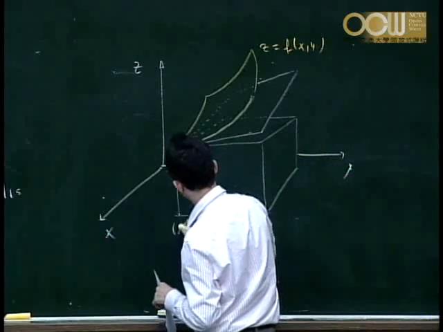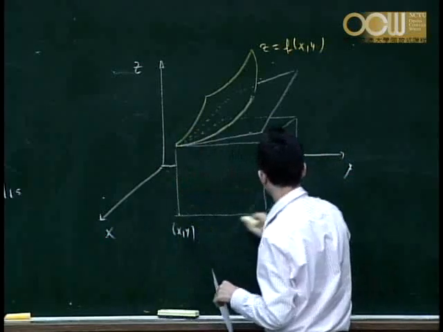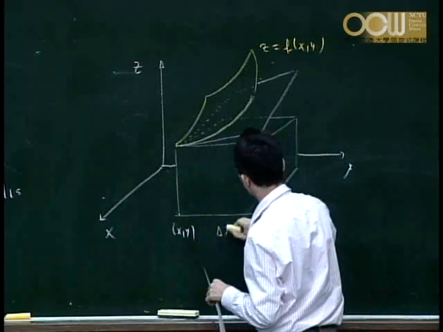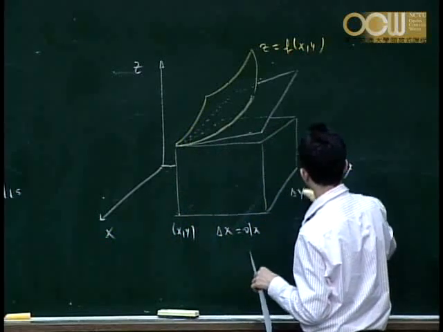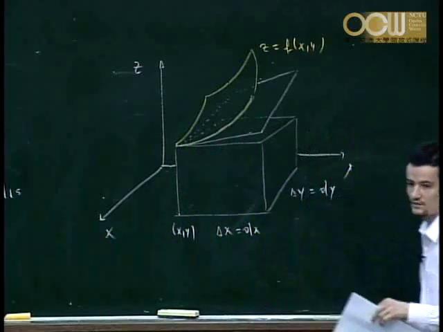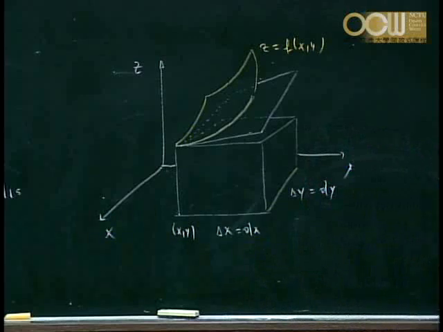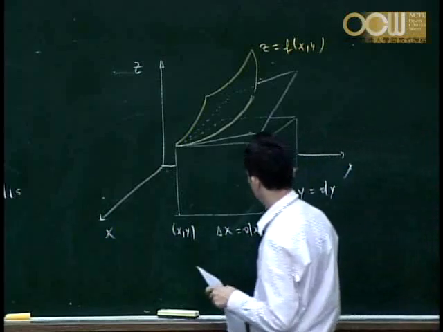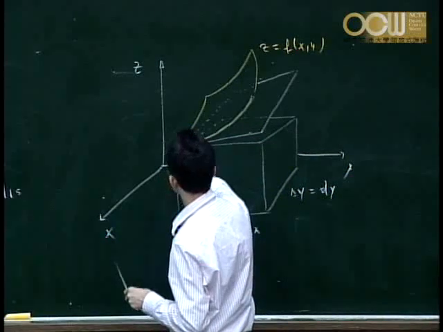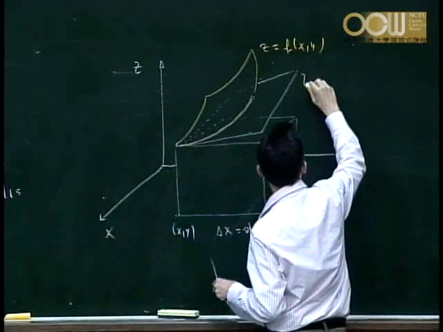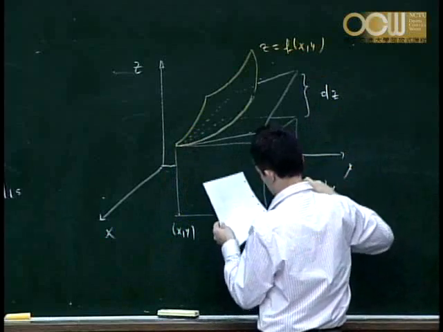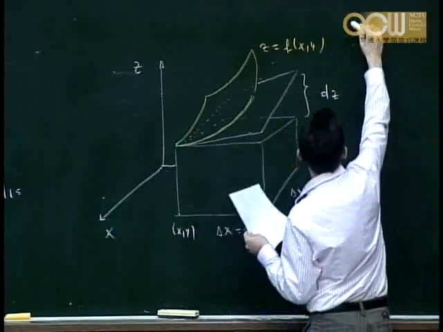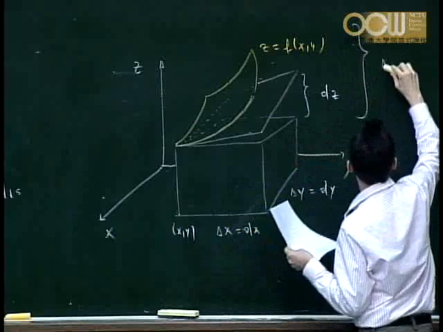This is the point (x, y) which we consider, and we assume that this length is delta x, equal to dx, and this length is delta y, equal to dy. Then, because this is the function value, you see dz, and here you see delta z.